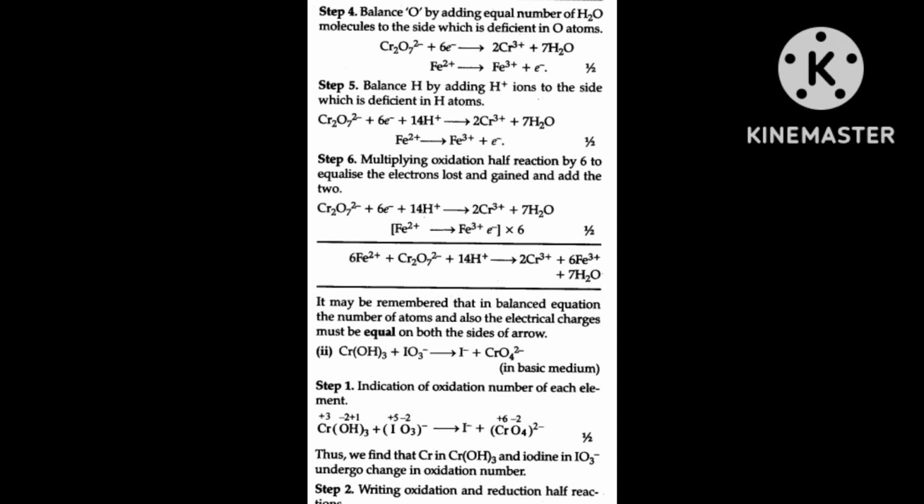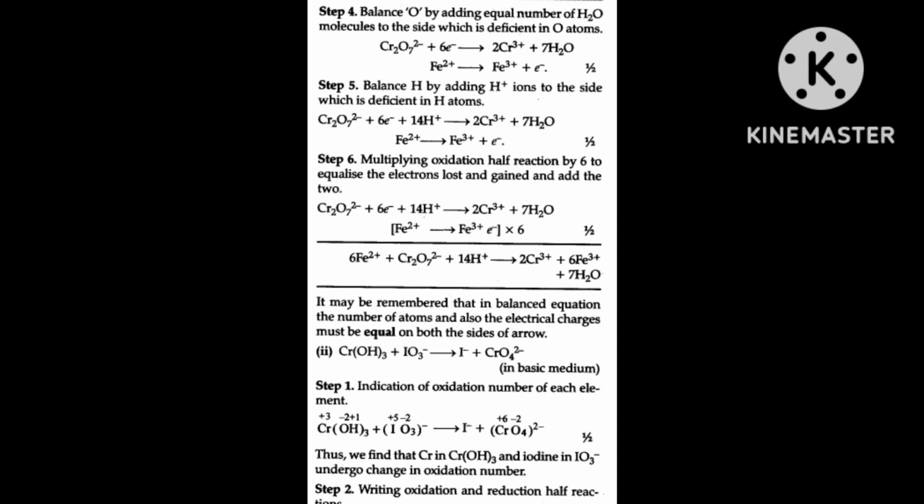Now this equation is given in the examination, and this type of equation they will give, and you have to balance it. So many things you have to do in your mind, or sometimes in a subjective examination you can solve it on paper. Now how will you solve it? The same process you have to follow.